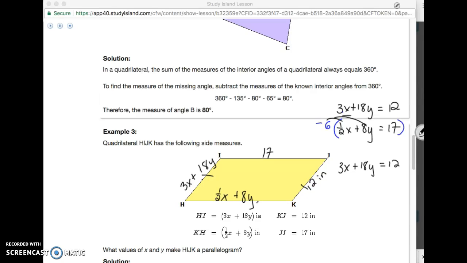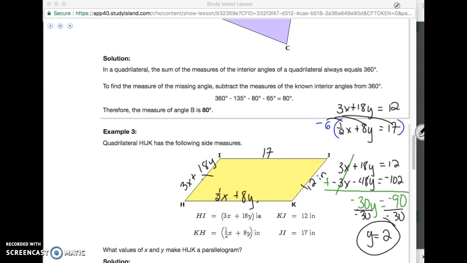And then when I distribute this -6 all the way through, we get -3x minus 48y equals -102, and this is great because now when I combine my two equations, the x's cancel. We end up with -30y equals, and 12 minus 102 is -90. So if I divide both sides by -30, y is equal to 2, so that's one of my answers.